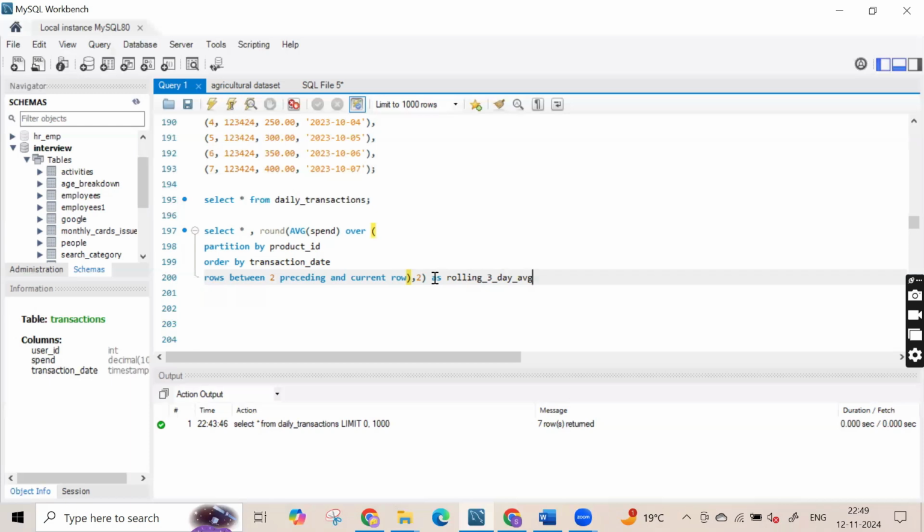And this is a kind of a select statement which we will be selecting from the daily transactions. And then the final figure we will get, we will again order this by the transaction date.